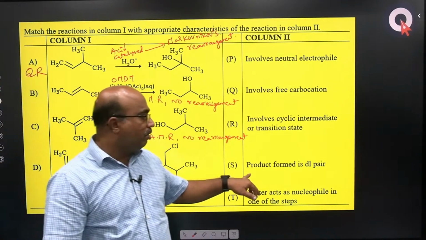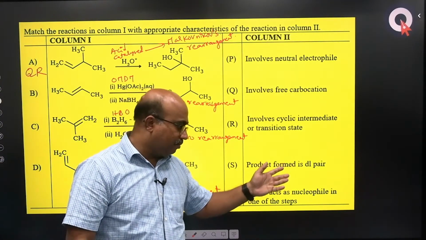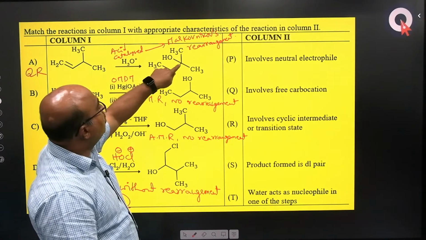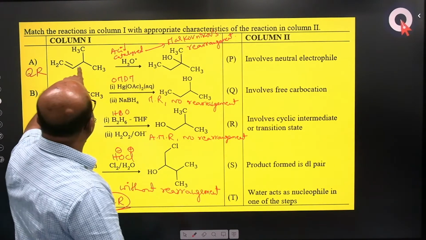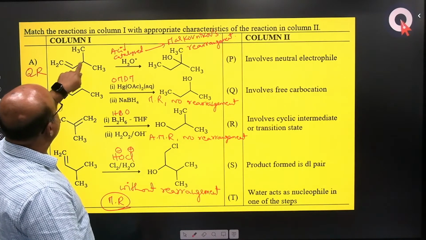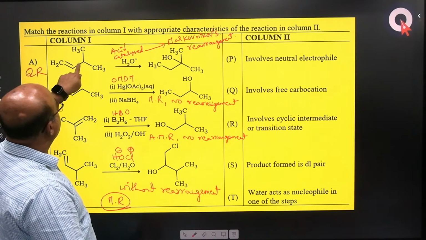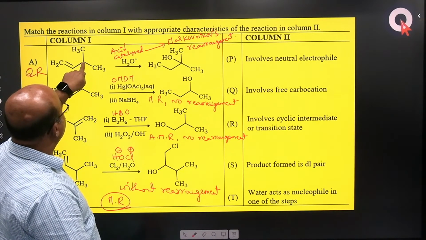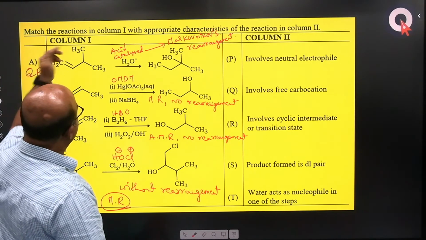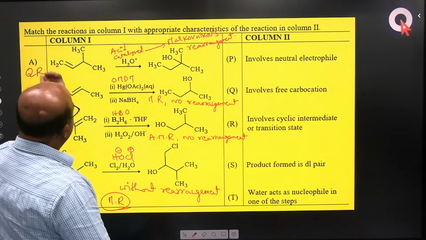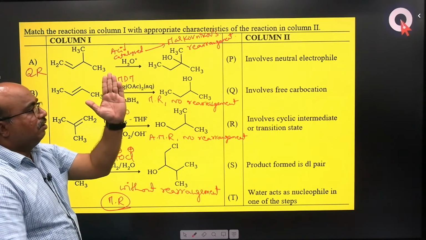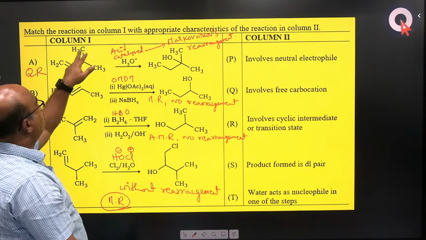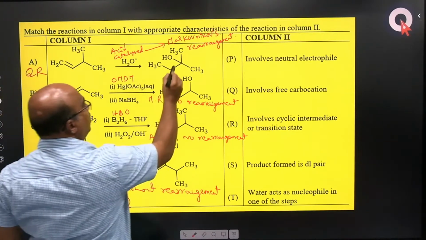Then product formed will be D and L pair. So can we say this one is a DL pair? No, because here carbocation was formed, then hydrogen shifted from here to here, then this carbon is having a positive charge. So water can come from above, water can come from below. Because the planar carbocation is there, but methyl groups are there at the two sides. So this carbon is not a chiral.